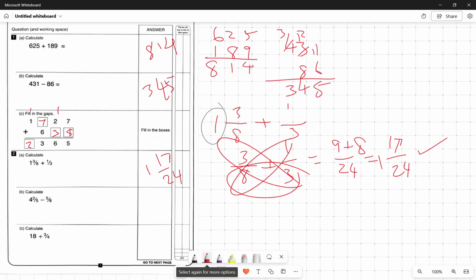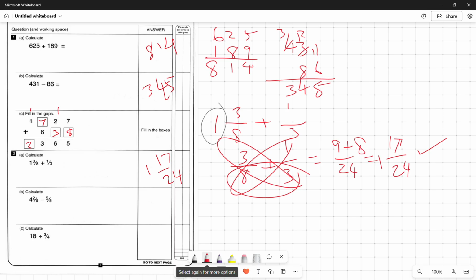Now back to question number 2B. In the case of subtracting fractions, make sure you convert the mixed number to an improper fraction.